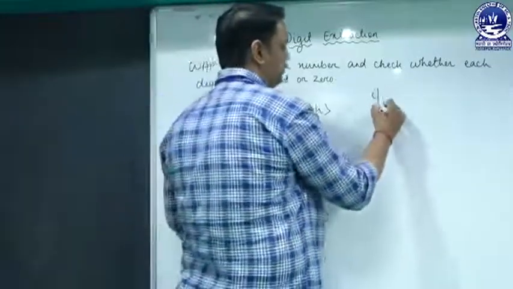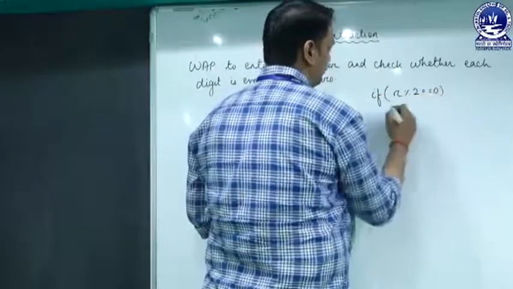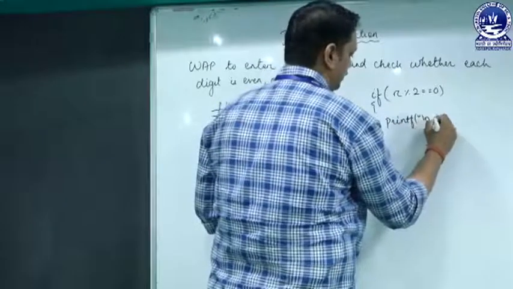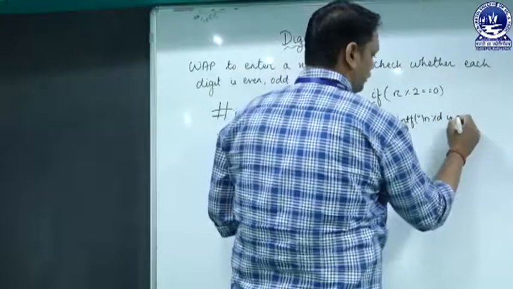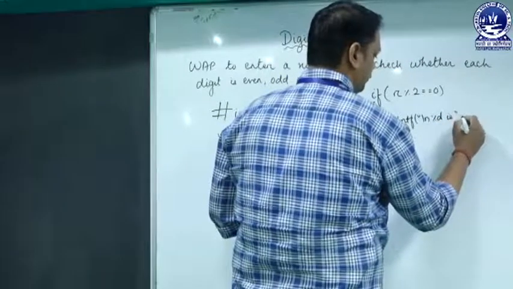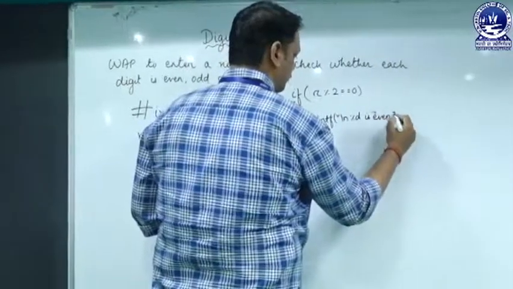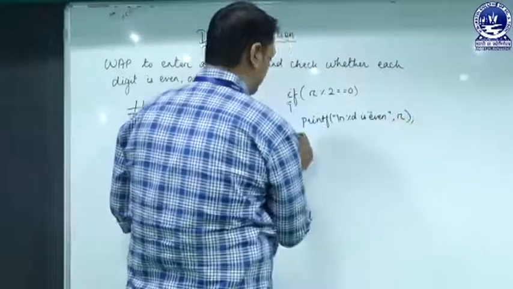So I will write if r modulo 2 equal to 0, then printf "\n %d is even", and in place of %d I will write r.